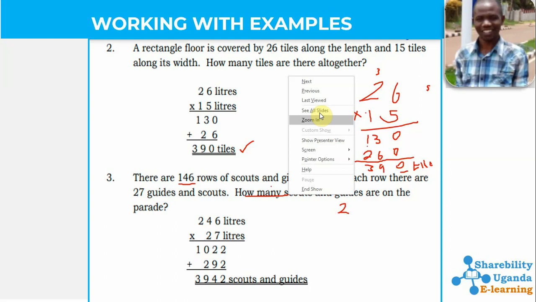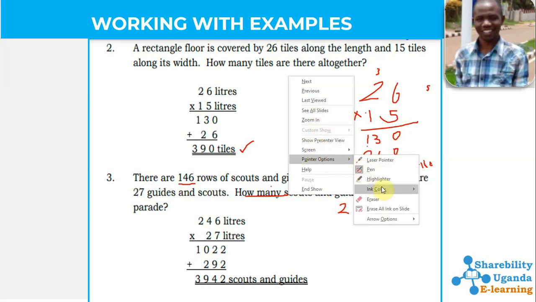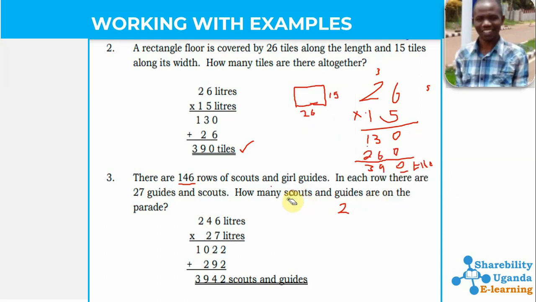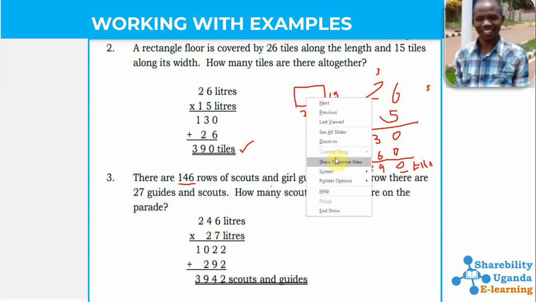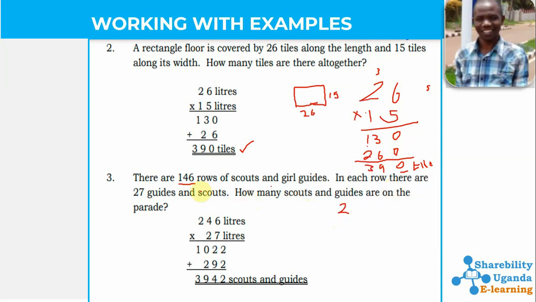They are telling us we are having this. Okay, let me get my pen here. They are telling us we have 146 rows of scouts and girl guides.